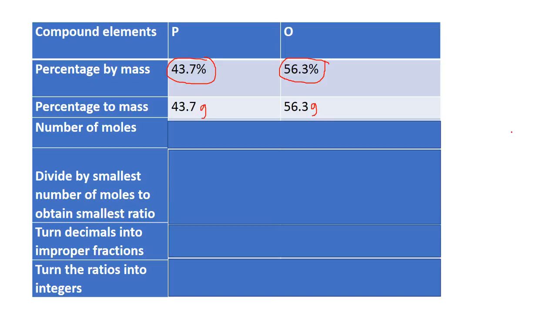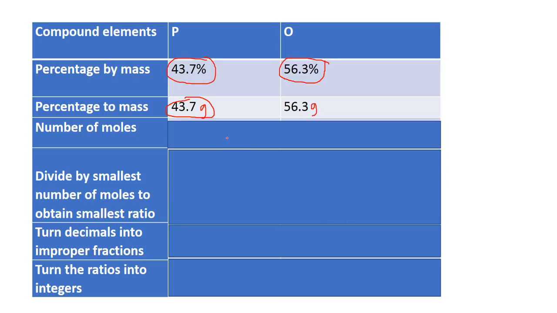Now that we have the mass, we can calculate the number of moles. And we know that number of moles is given by this mass divided by the molar mass of phosphorus. And the molar mass of phosphorus is about 30 point something.